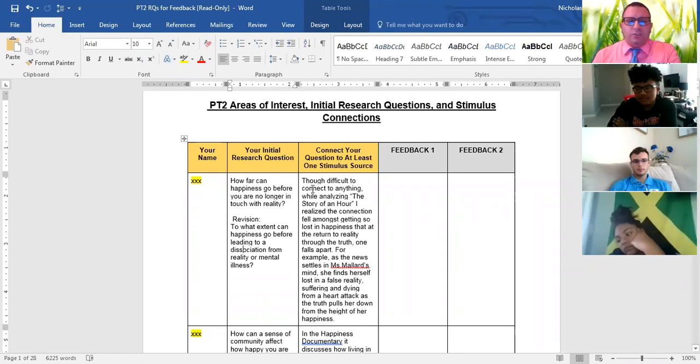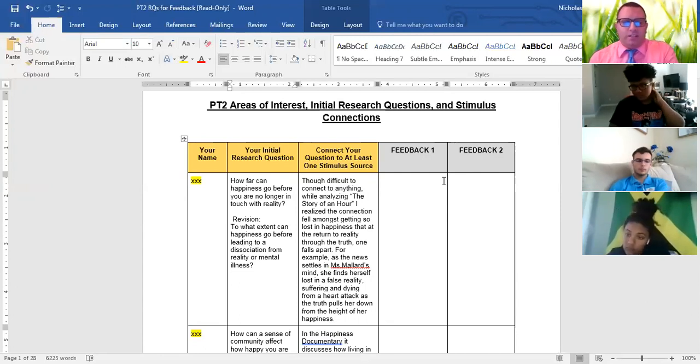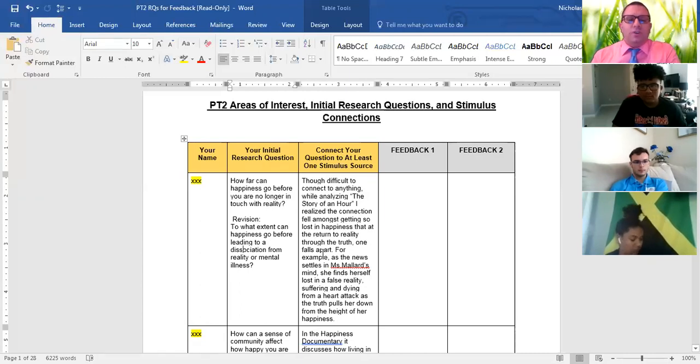This particular student said that though it was difficult to connect to anything while analyzing the story of an hour, they realized the connection fell amongst getting so lost in your happiness that at the return to reality through the truth, one falls apart. For example, as the news settles in Mrs. Mallard's mind, she finds herself lost in a false reality, suffering and dying from a heart attack as the truth pulls her down from the height of her happiness. This is how this student would explicitly connect the question to their research, okay?